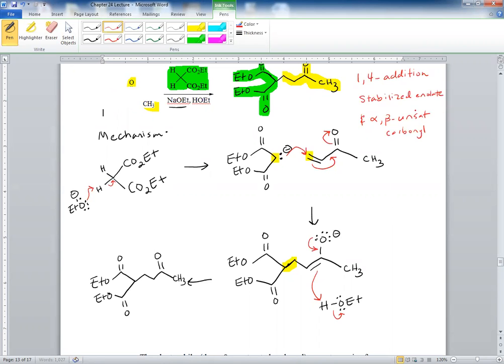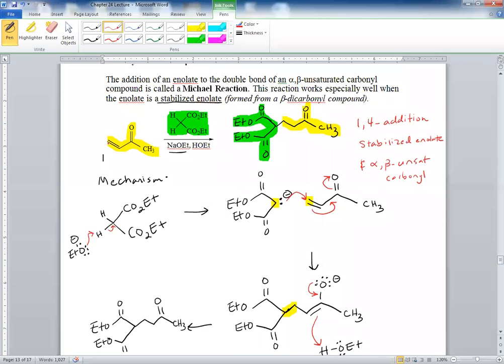Okay, so this is your alpha beta unsaturated carbonyl. Unsaturated means that there's a double bond, and this is your stabilized enolate.